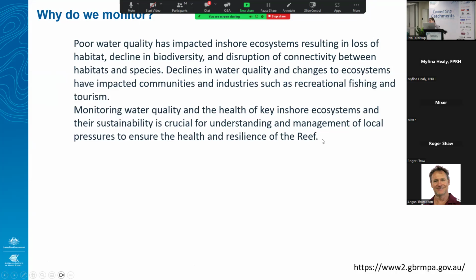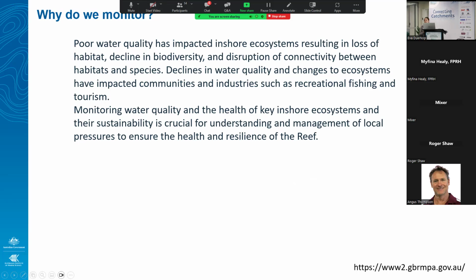We have seen a range of impacts of poor water quality in these inshore ecosystems. They affect the values of these systems as well as our recreational fishing and tourism values. And so monitoring water quality in these inshore areas is essential so that we can understand those impacts, understand where we need to take action and how water quality interacts with other pressures in this system.